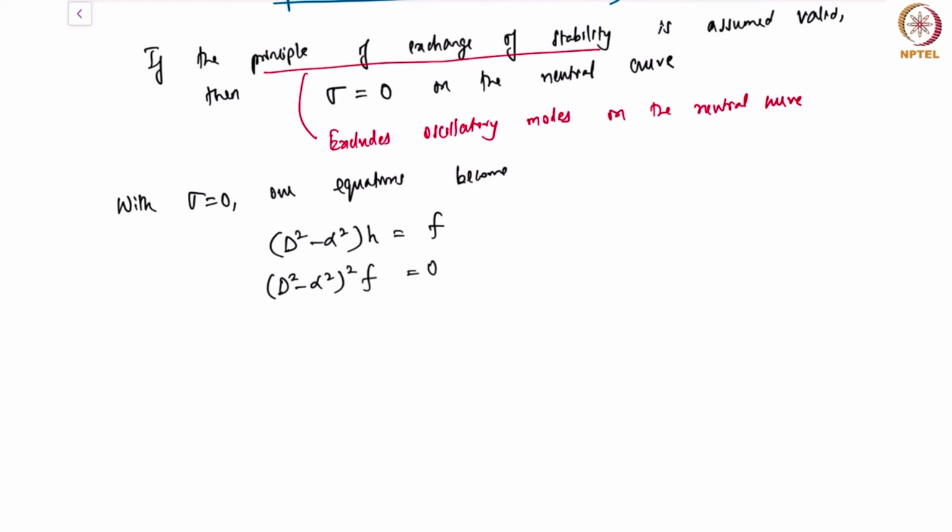These are the equations that we have, and let's call these equations 16.